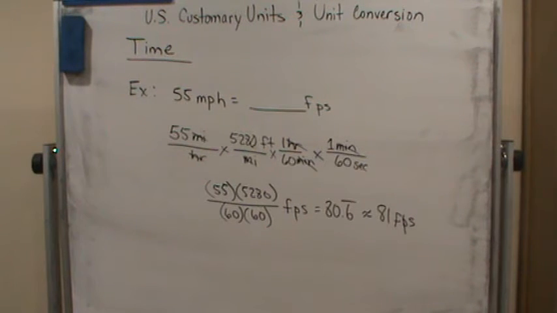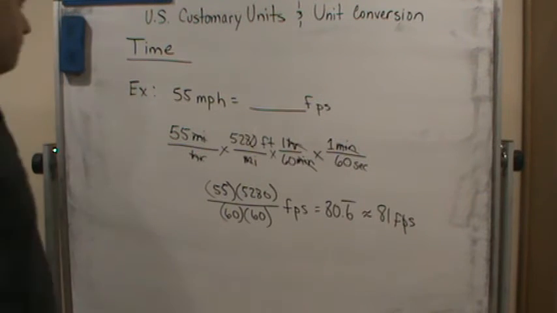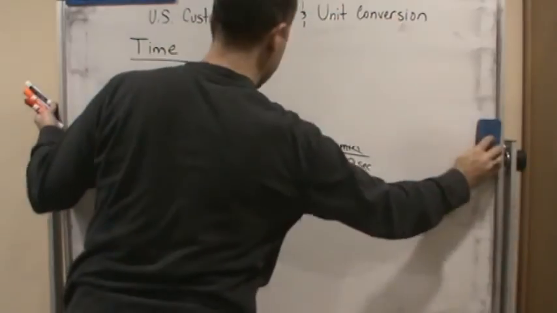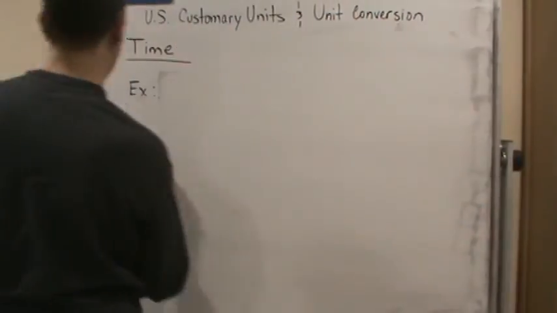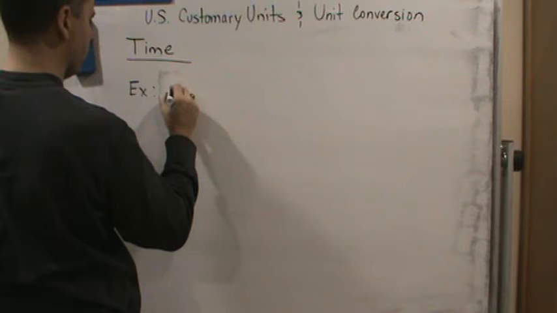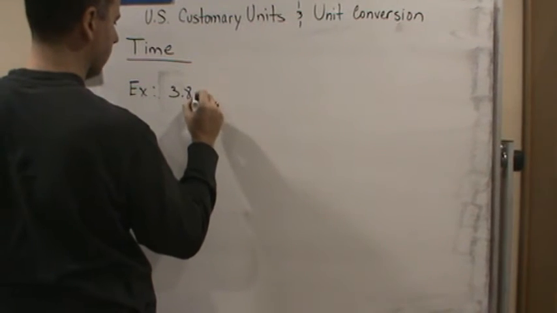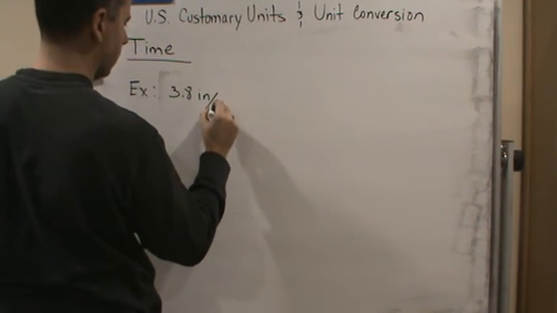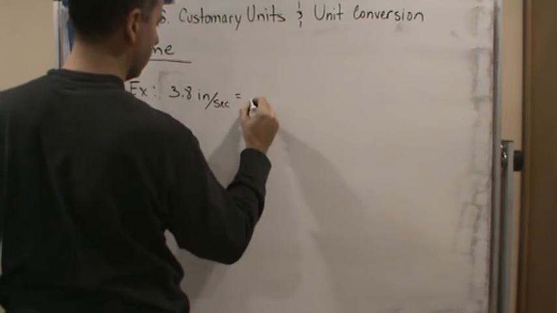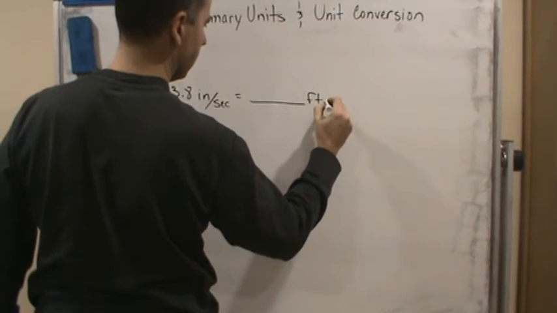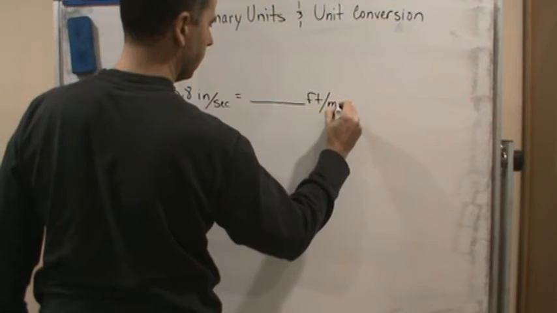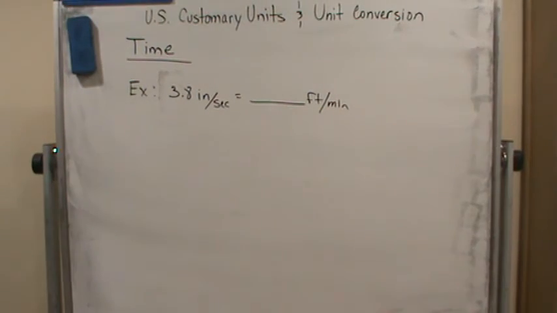Okay, let's do another one. This one says convert 3.8 inches per second to feet per minute. So that's what I want, inches per second to feet per minute.